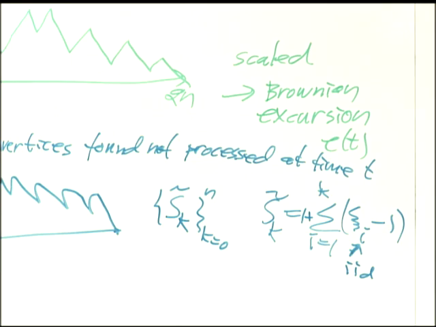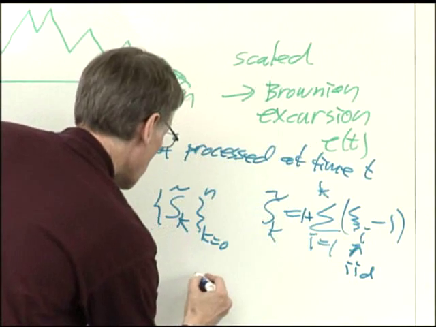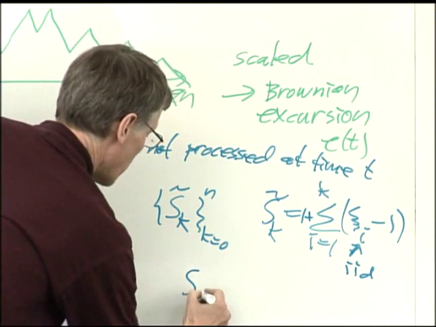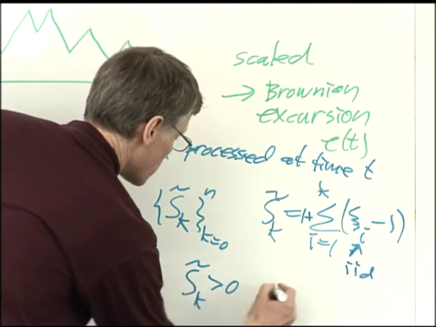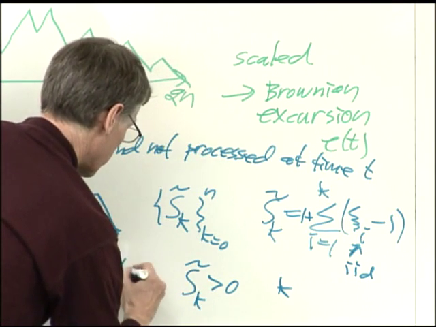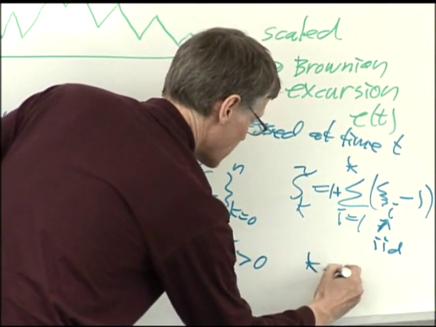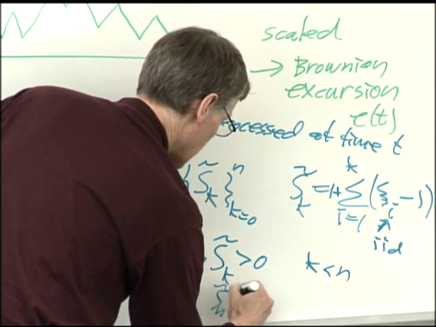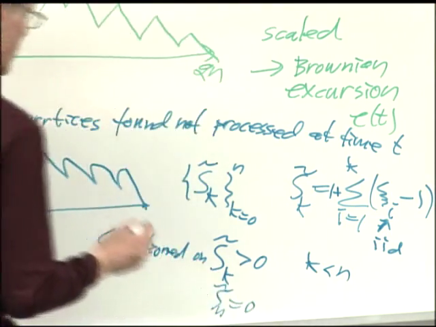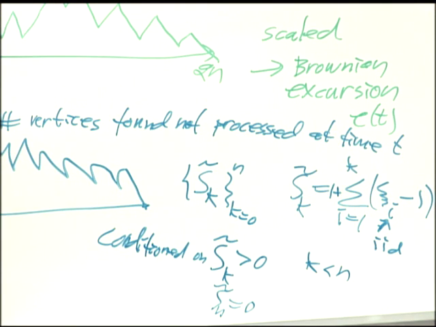First of all, this should end after n steps, but not before. So S_k tilde is strictly greater than 0 for all k less than n, and S_n tilde is equal to 0. So in other words, the first return to 0 should be exactly here. Well, actually it starts at 1, not 0. But we don't see that if n is large enough.